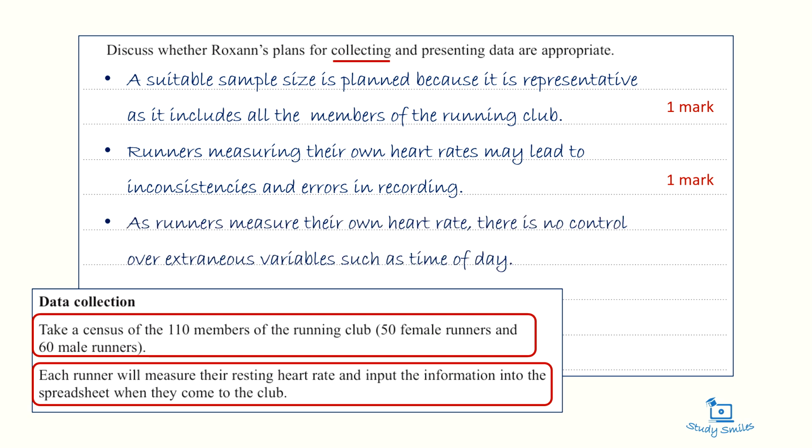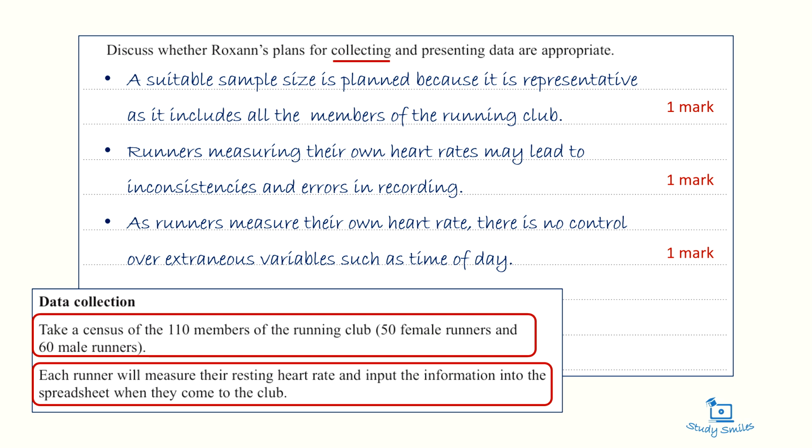For my 3rd point, I'm going to say as runners measure their own heart rate, there is no control over extraneous variables such as time of day, and that would get me another mark. So 1 mark for each statement, giving me 3 marks.